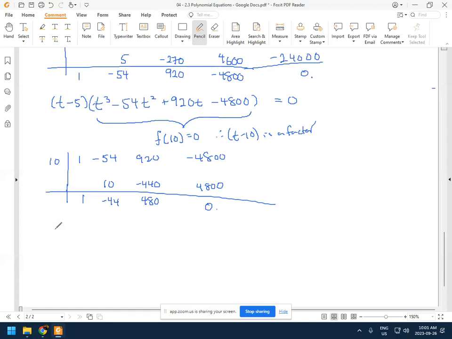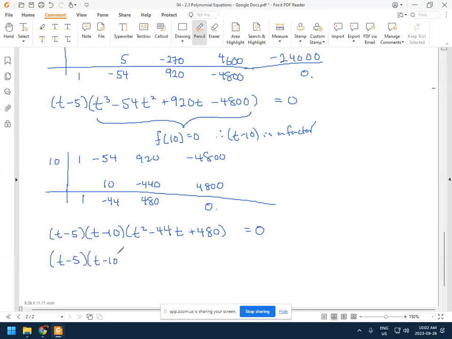Which means I have t minus 5, t minus 10, and then t squared minus 44t plus 480 equals 0. And yes, you might imagine we could do synthetic again for a quadratic, but based on your practice of quadratics, you can do product sum.